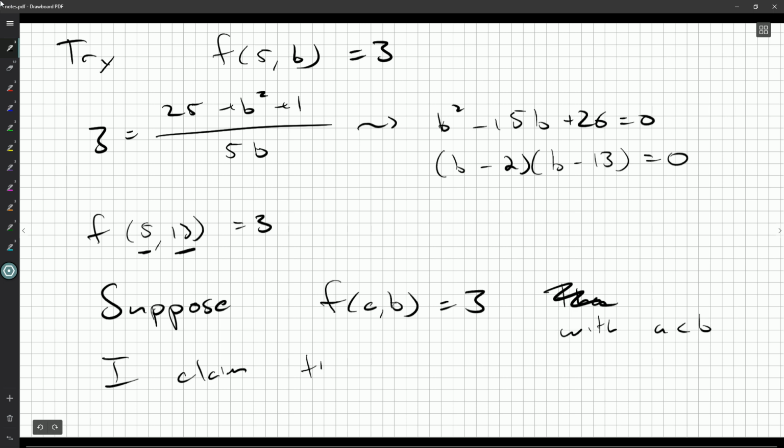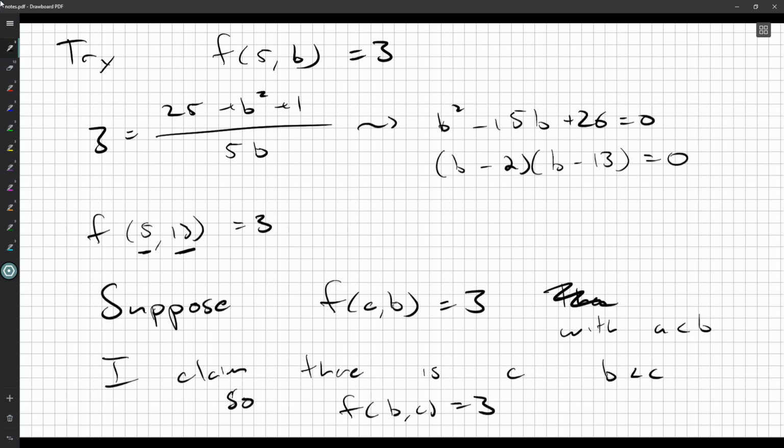I claim there is a c with b greater than c so f(b,c) is also equal to 3. You have this nice little chain here. So here's my reasoning. The whole thing is symmetric, so it doesn't really matter where we place b. If b gives a solution, there should be 2, one lower and one above. That's sort of what I'm claiming.